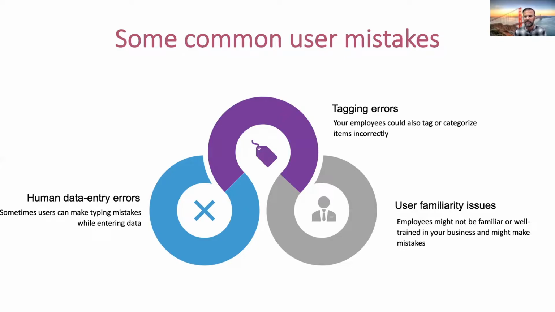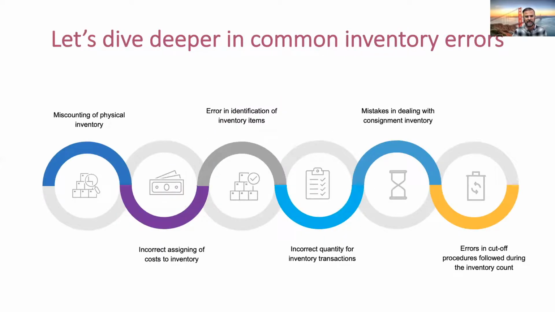So they're not familiar, they're trying to find their way around, and they might make these mistakes, which can be really costly. And from the perspective of an implementation company, it can also lead to wrong perception about the product. So it's very important to prevent users from making mistakes.